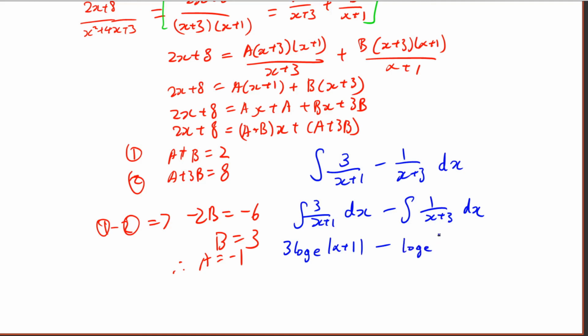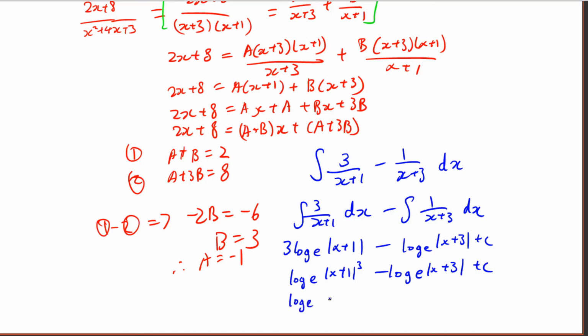I can express this as a single logarithm by using log laws. So this 3 out front can become a cube on the inside. I can write log_e |x + 1|³ minus log_e |x + 3| plus C. And when I subtract logarithms, I divide the insides.